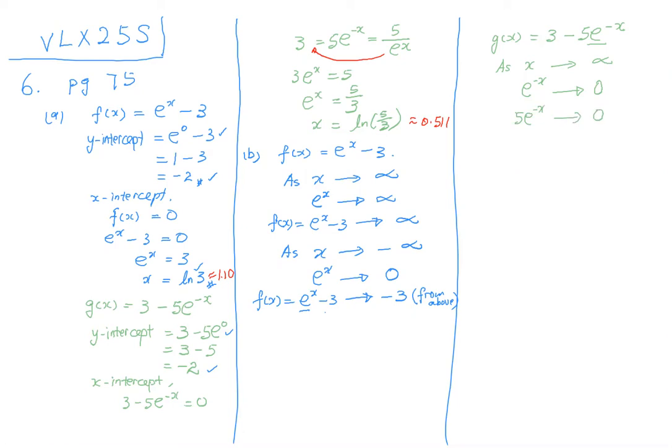So whoever doesn't want to write this step is fine. So your g(x), which is 3 take away 0, will approach 3. Yes. So now, do you think this is the upper limit or the lower limit?